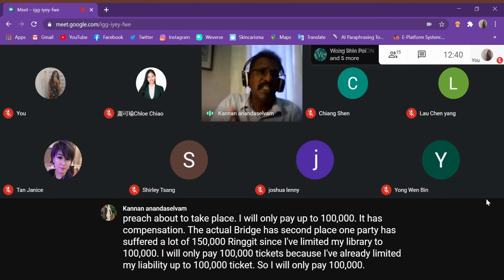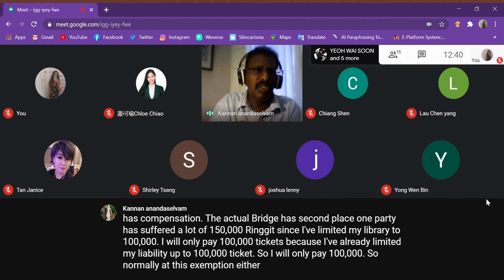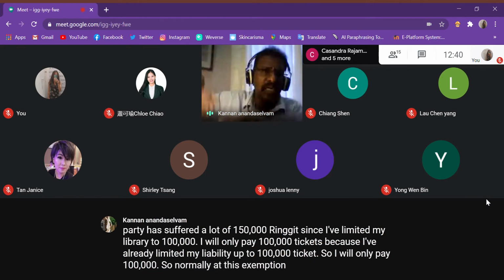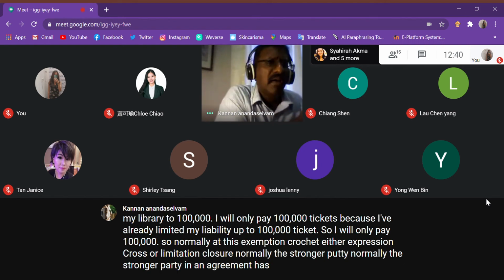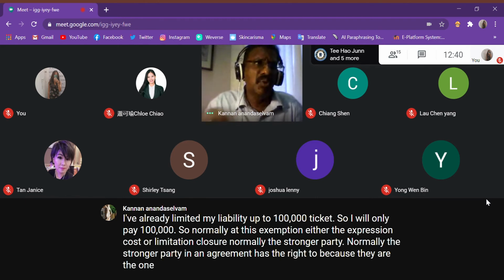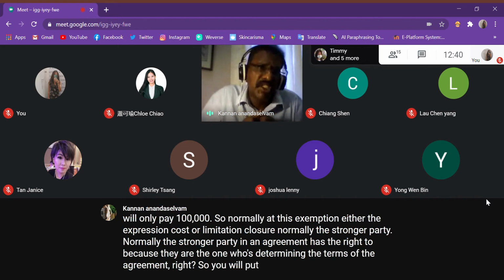So normally this exemption clause here, either exclusion clause or limitation clause, normally the stronger party in an agreement has the right to, because they are the one determining the terms of the agreement, right? So you will put in all the clauses to protect their interest.